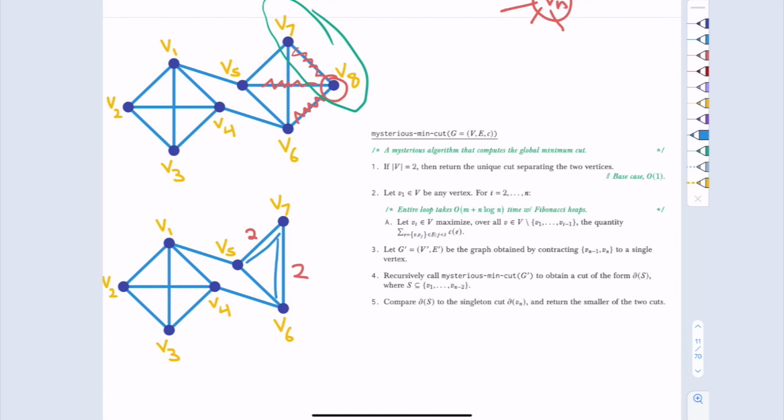Okay, so I'll keep calling it V7 because it's nice because it preserves the numbering. But V7 in that second picture really represents 2 vertices in the original graph. If we number the vertices again, actually the same numbering would still be okay. One can inspect, so I don't have to rewrite it.